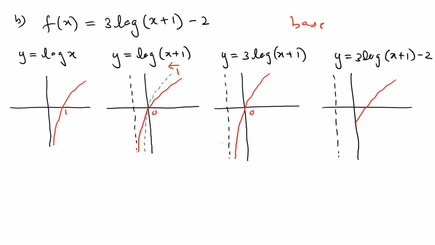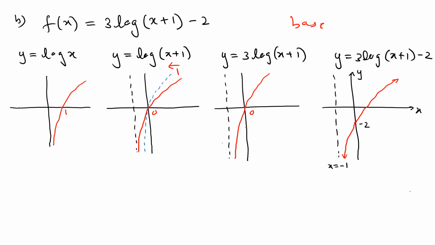It passes through that, with the same asymptote. So that's the graph of the final one. This is the x-axis and the y-axis, and this is the x equal -1 line. So that's the graph of the new log function.